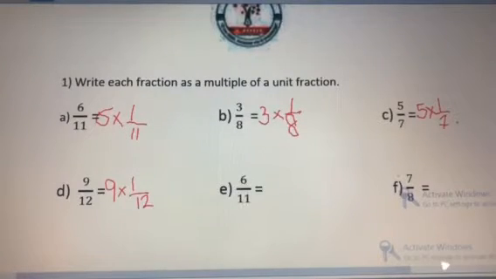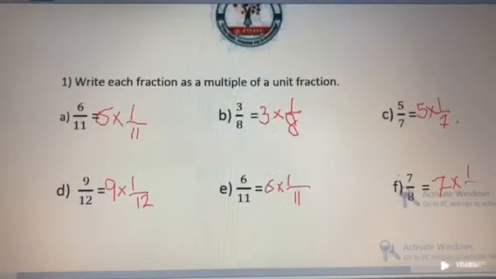Again, I will take the numerator and write it as a whole, and then write a fraction with numerator 1 and the same denominator. 6 over 11 will be 6 multiply 1 over 11. 7 over 8 will be 7 multiply 1 over 8.